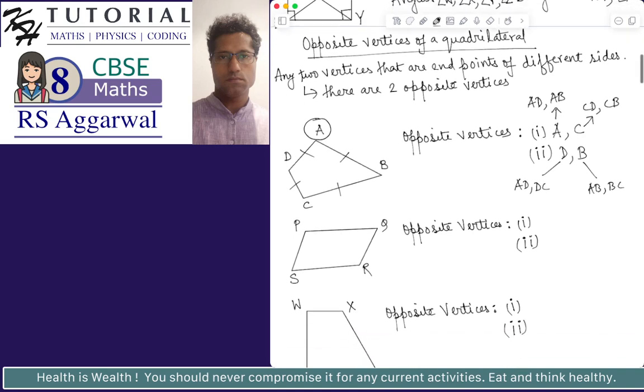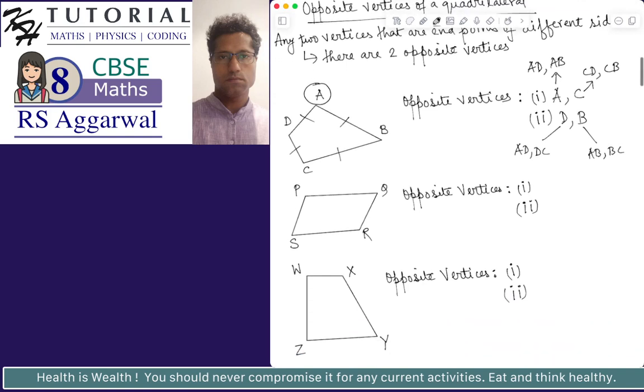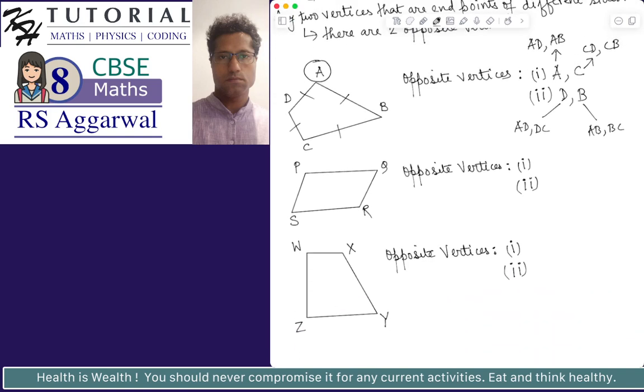Okay, I hope you understand by now what is meant by opposite vertices of a quadrilateral. So now quickly write down what are the opposite vertices of the other two quadrilaterals.